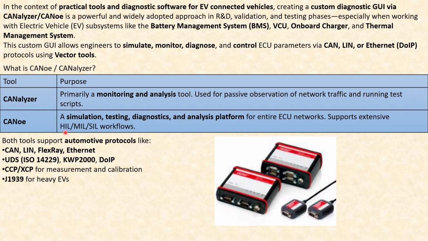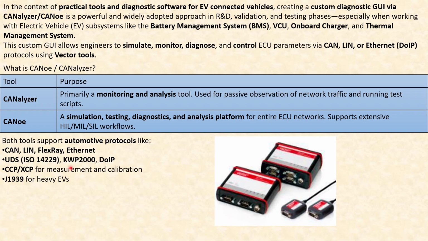So, I hope all of you know what is meant by HIL, MIL, and SIL. These are all simulation techniques used in the development of any software, like ADAS software or engine software or transmission software. Hardware in loop, model in loop, and software in loop are the various steps involved in software development.